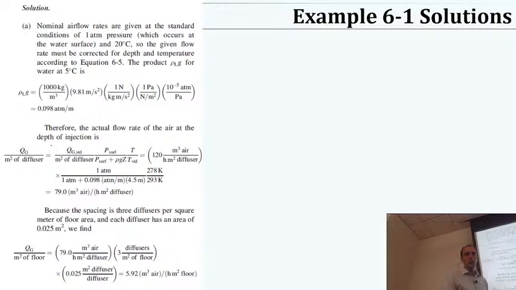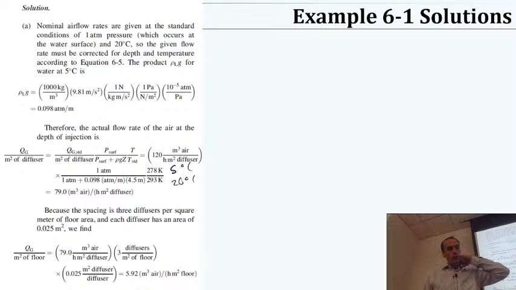Okay, so therefore our actual flow rate for this air at depth turns out to be, we do these calculations, do that correction with the temperature and the density and the depth, that 120 that was given times 1 over 1 plus that 0.098, and also combining the difference in temperature, 5 degrees Celsius compared to the 20 degrees Celsius, putting those into kelvins to have them in absolute.